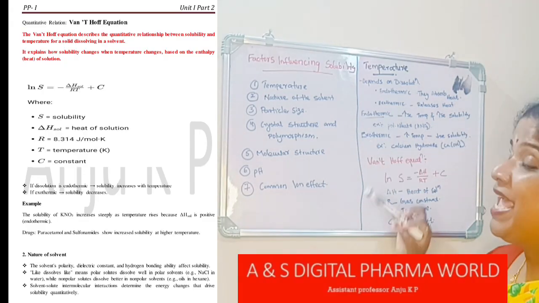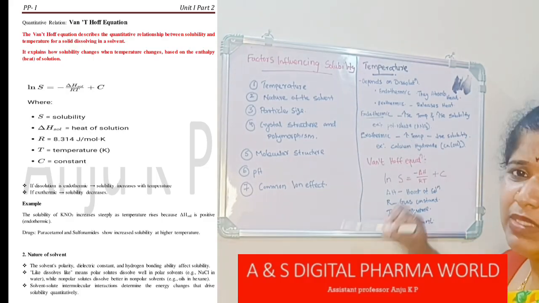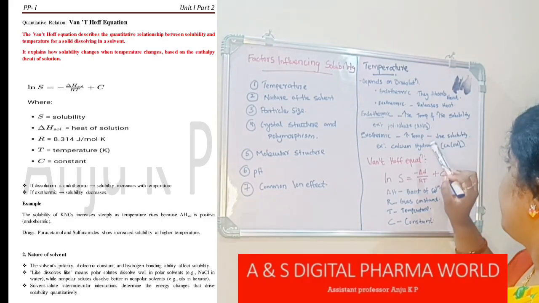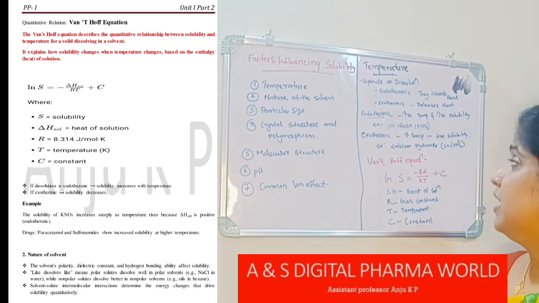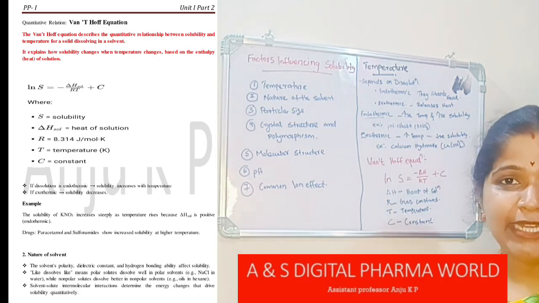The next one is exothermic. In the case of exothermic dissolution, as the temperature increases, the solubility decreases. You can give the example of calcium hydroxide.